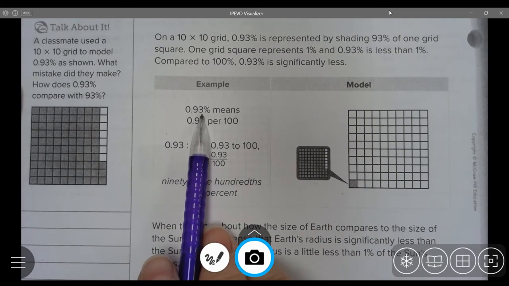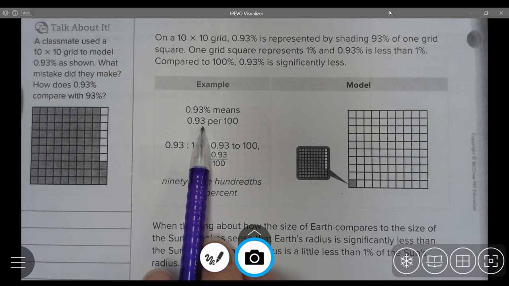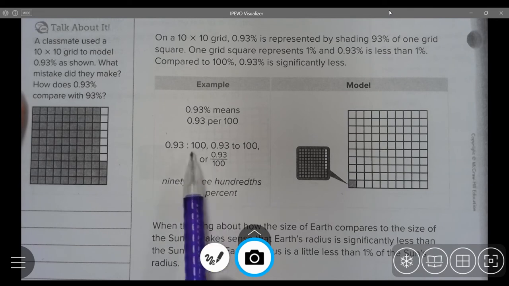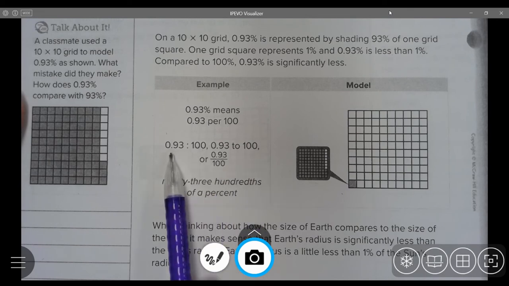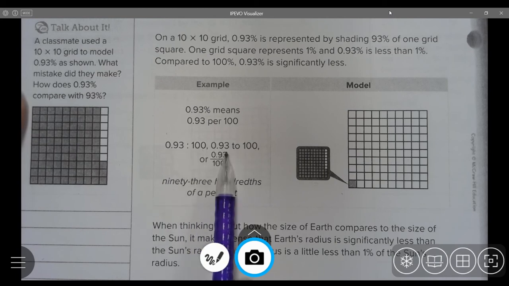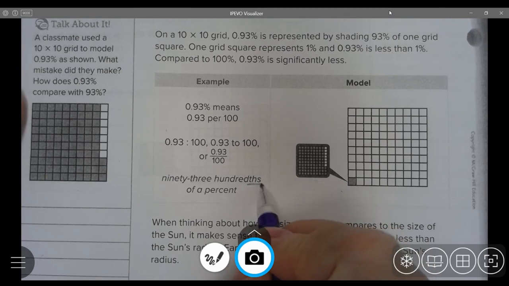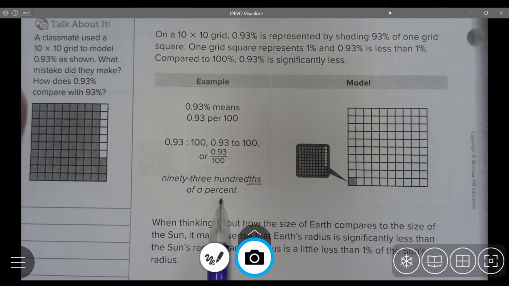Here's the example. So 93 hundredths means 93 hundredths per 100, so less than 1 per 100. And you can see the different types of ratios: 93 hundredths to 100, or 93 hundredths over 100. With 93 hundredths, we have the THS to make it decimals of a percent.